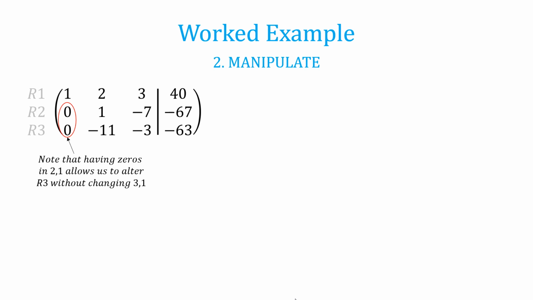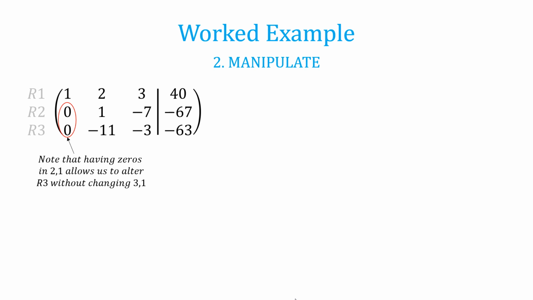An important thing to note before we continue is the reason we've gone for the zeros in the first column first, as opposed to getting the 11 to become a 0 before the other two, is that now we can manipulate that third row to remove the 11 and have a 0 without it changing row 3 column 1.